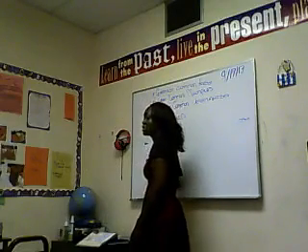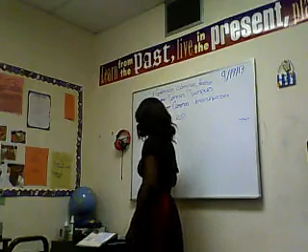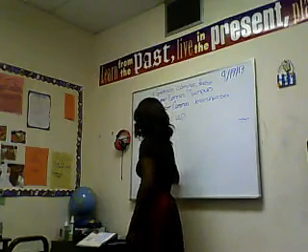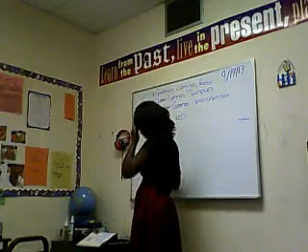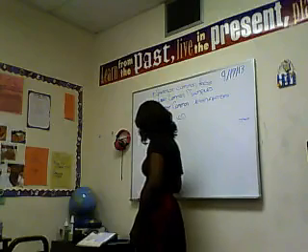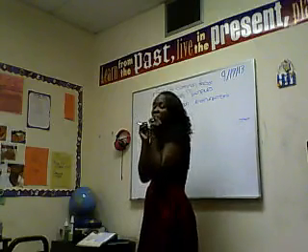3 times 1 is 3. 3 times 2 is 6. 3 times 3 is 9. 3 times 4 is 12. 3 times 5 is 15. 3 times 6 is 18. It's not a specific number you need to stop at.